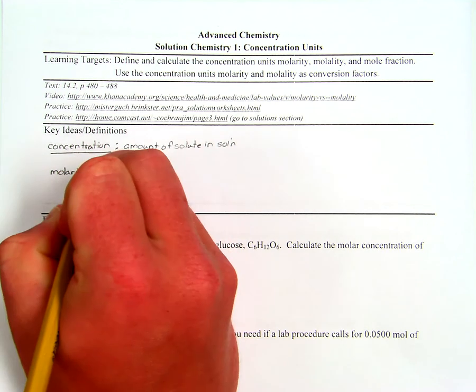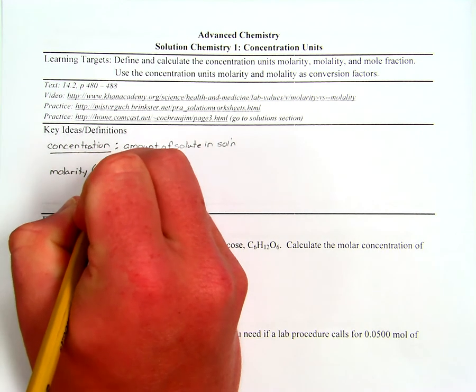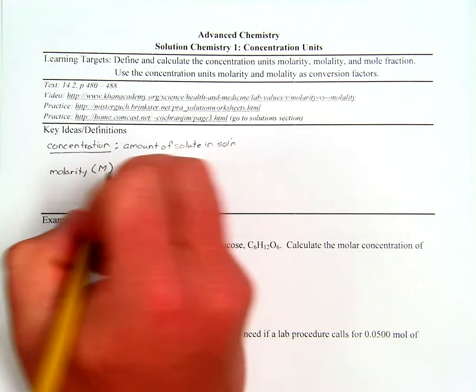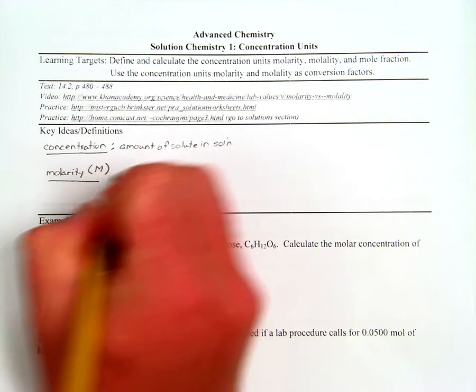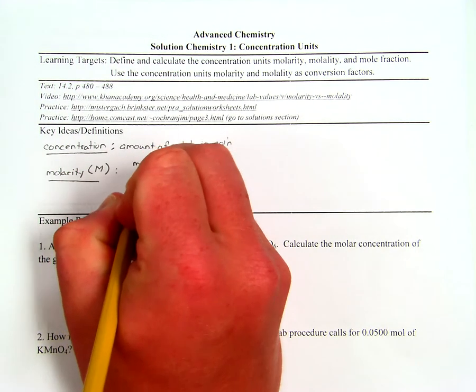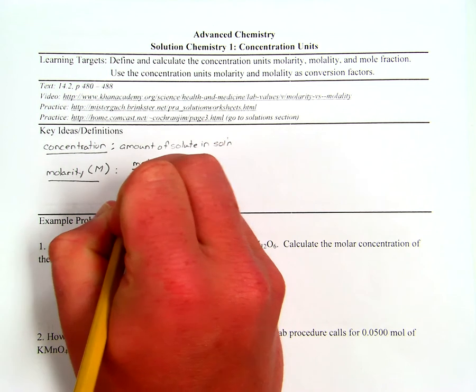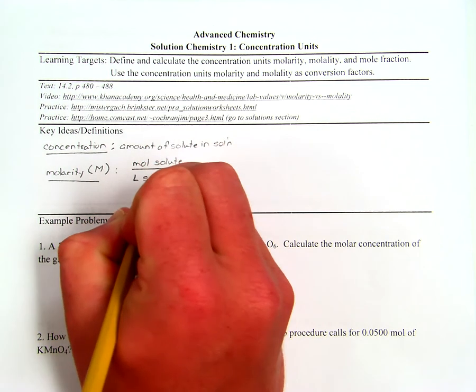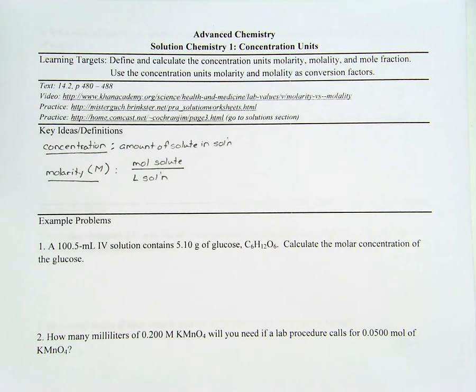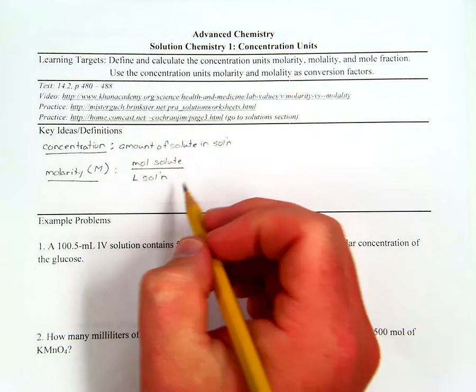Molarity. The abbreviation or the symbol for molarity is capital M. Molarity is defined as the ratio of the number of moles of solute per liter of solution. Moles of solute per liter of solution.